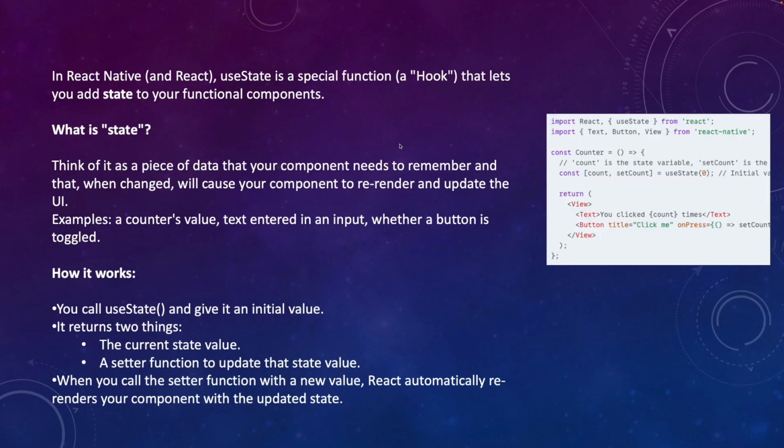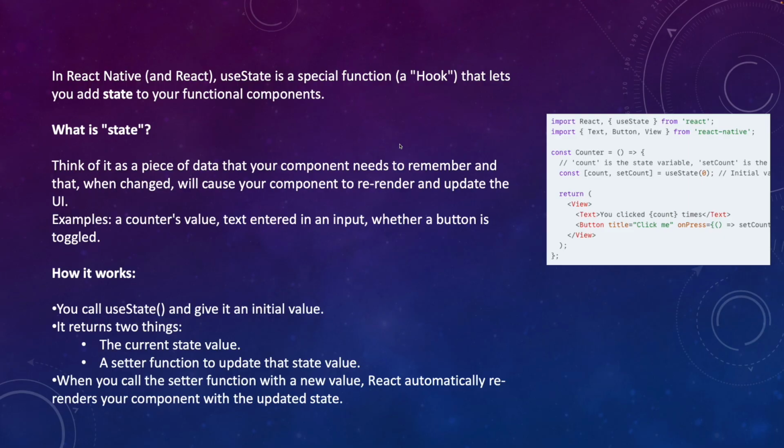All right, I think you need a little more explanation on how state works and what it is. Basically, useState is a special function, a hook that lets you add state to your functional component. The state, basically, is a piece of memory in your component. It updates whenever the value is updated. You need the previous value, and if it is updated, it should automatically update in your components.